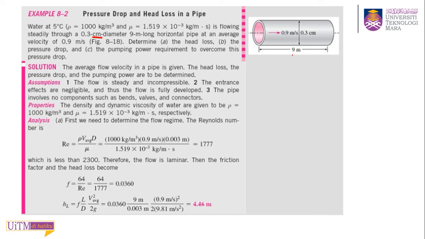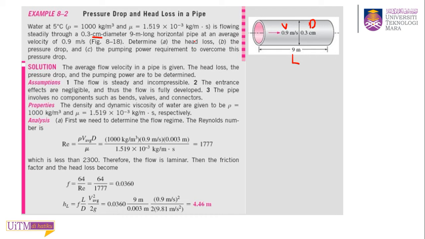The length is 9 meter, the diameter is 0.3 cm, at an average velocity of 0.9 meter per second. So this is V, the average velocity. So determine the head loss.